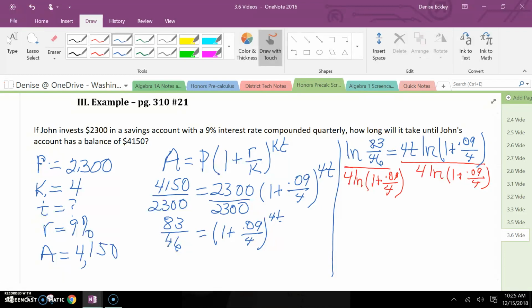And that is going to give me that t is going to equal 6.63 years. So that comes out to be 6 years and 9 months.